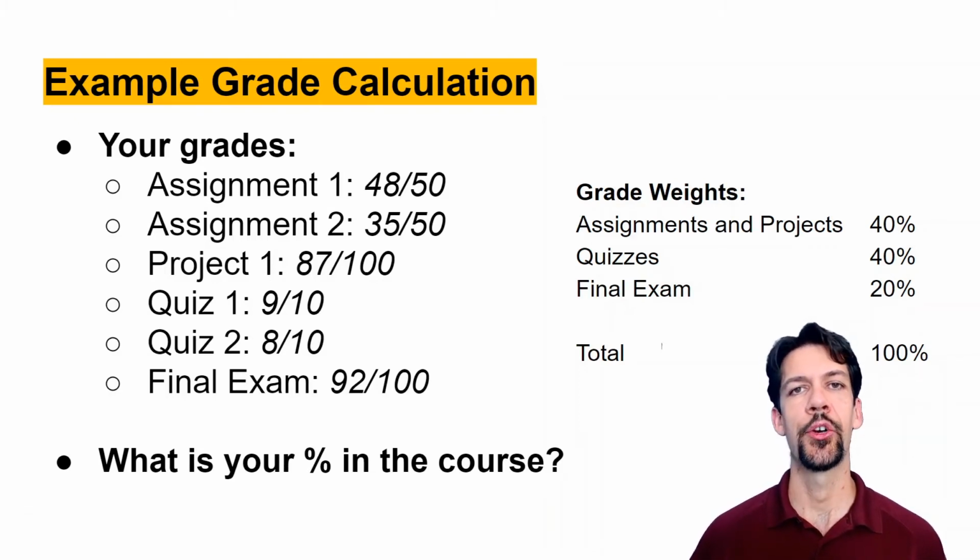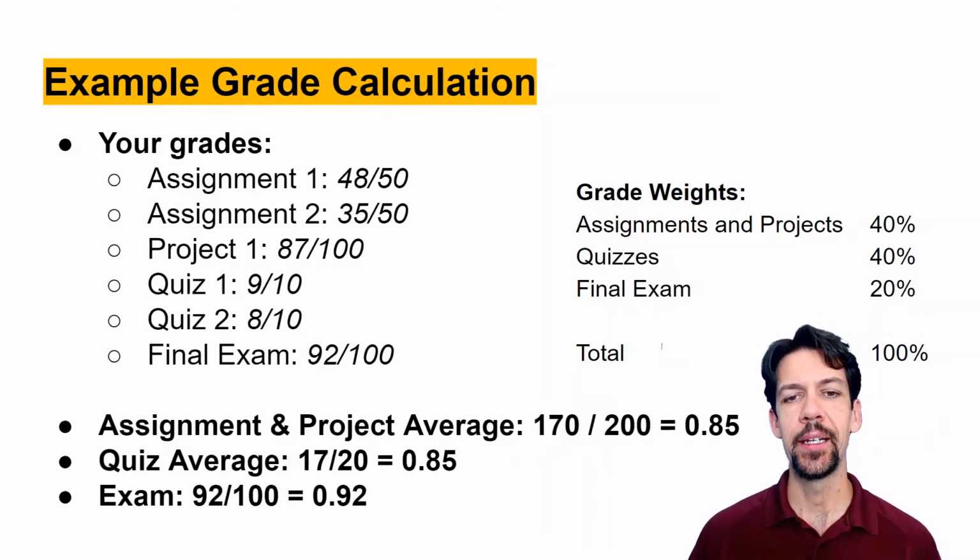So in calculating your grades, it's going to be helpful to know how the calculation works. In Canvas, the way that Canvas calculates its grades automatically is that it looks at the number of possible points in a given category, then how much you've achieved in that category, and that's how it calculates the average for that category. So for example, in the assignments and projects category, we have 2 assignments that are each worth 50 points and 1 project that's worth 200 points.